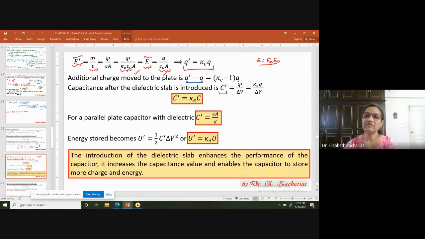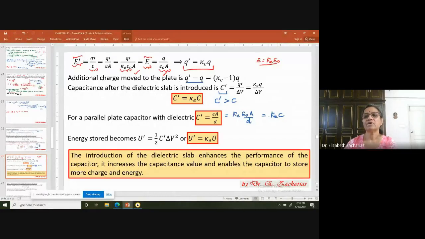C prime will be charge divided by delta V. Charge is Q prime, which is kappa E into Q. So you're seeing that because you put a dielectric inside, the capacitance value increased by a factor kappa E. If you want to write the formula, C prime will be epsilon A by D, not epsilon naught A by D. It is epsilon A by D, which is equal to kappa E into epsilon naught A by D, which is equal to kappa E into C.